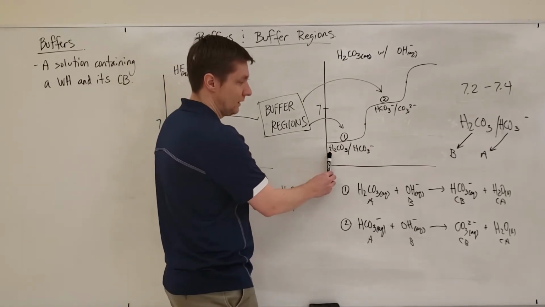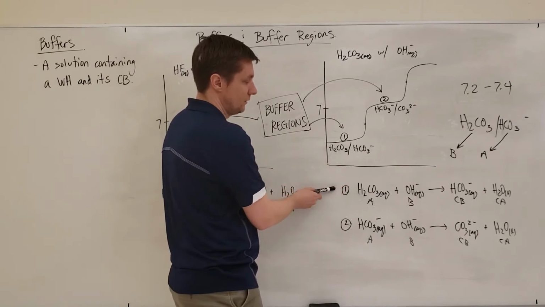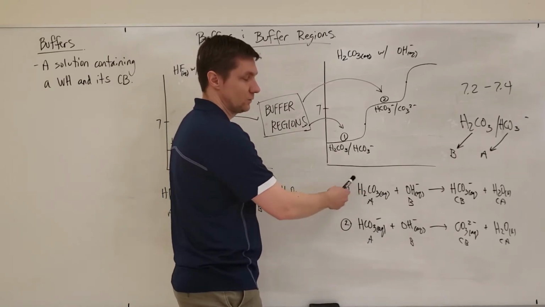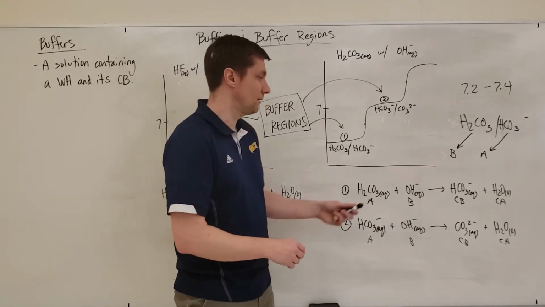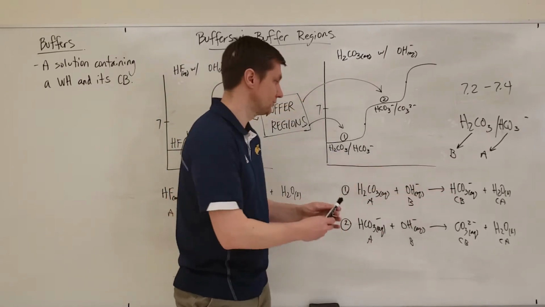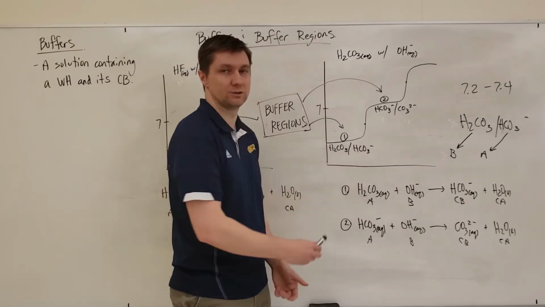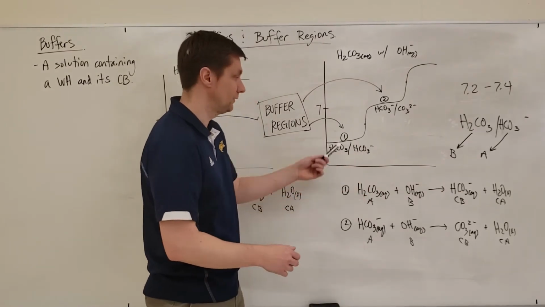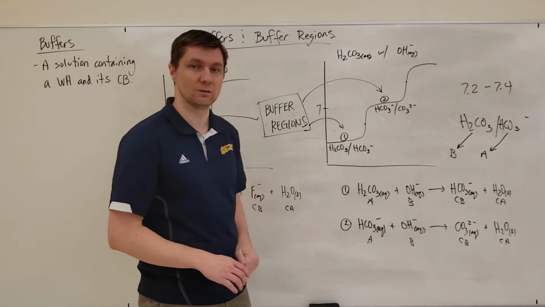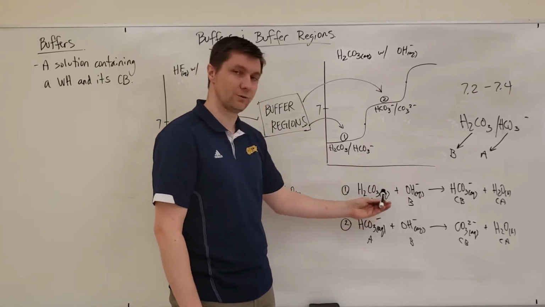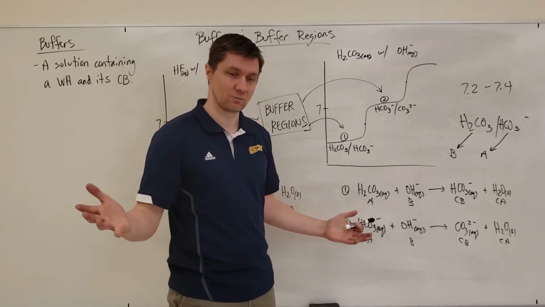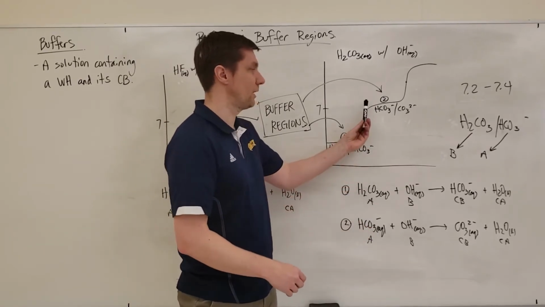As I'm adding my hydroxide ions, the first reaction that's going to take place is this one, where the carbonic acid reacts with the hydroxide. And I make hydrogen carbonate ions in solution, so this is a weak acid with its conjugate base, a buffer region. You can see the pH stays relatively constant. When I add enough hydroxide though, all of the H2CO3 has reacted, the buffer has run out, and I get a sharp rise in pH.